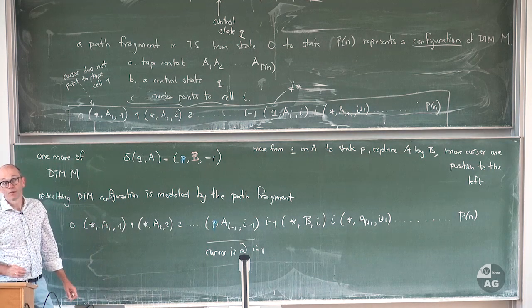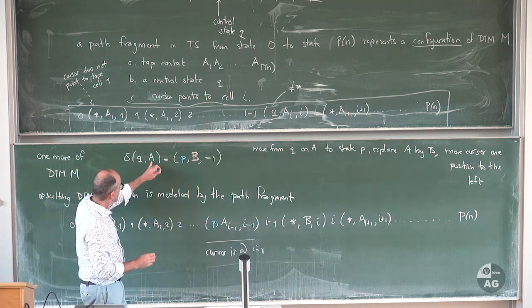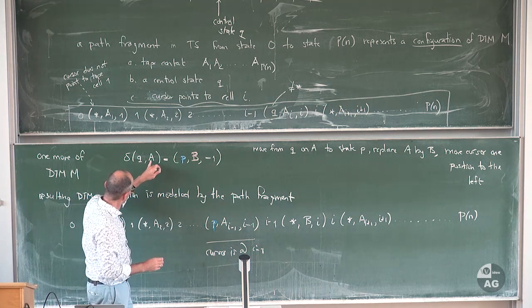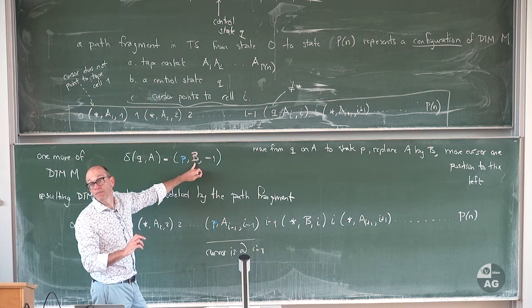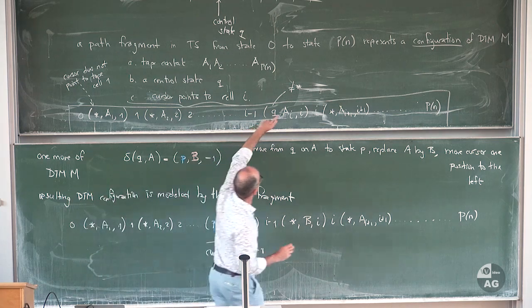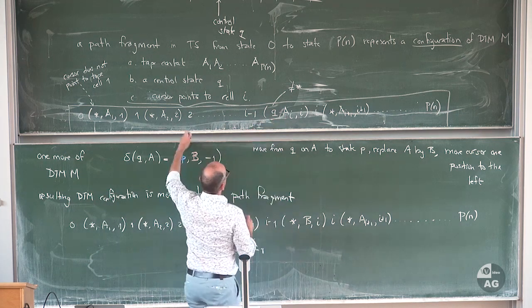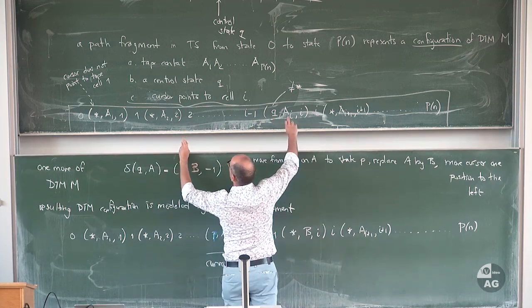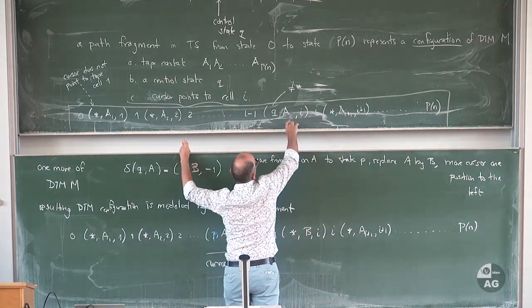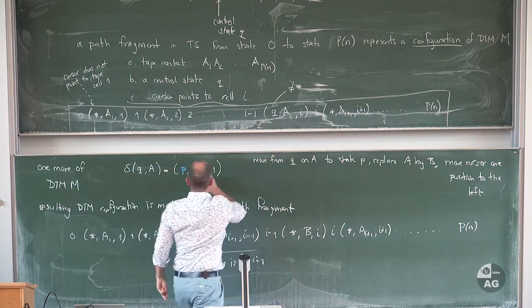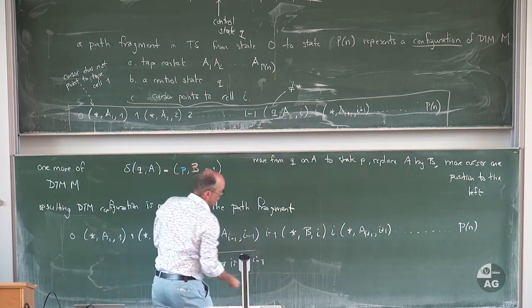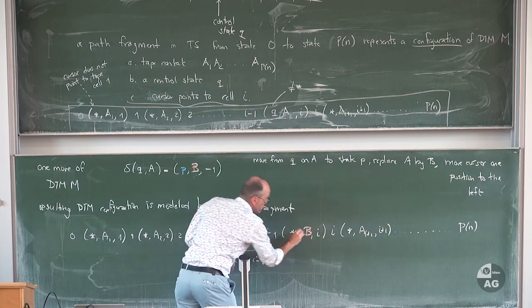Yeah. But there is one more thing. Before moving, we have to replace A by B. That means at position I, I think this must be an A, by the way. If this is A, I'm going to replace this A by this B, and this is my B, which is here.